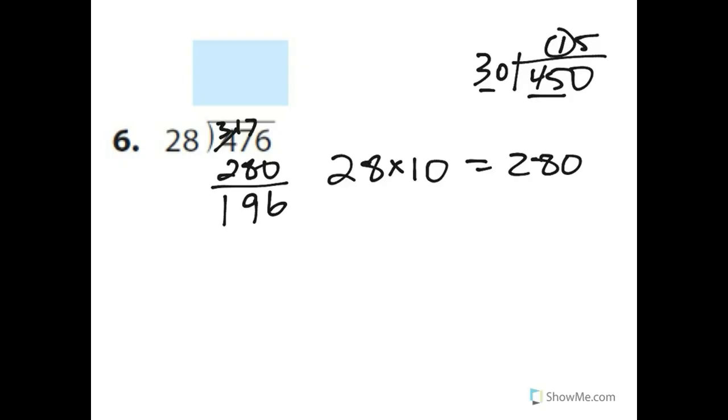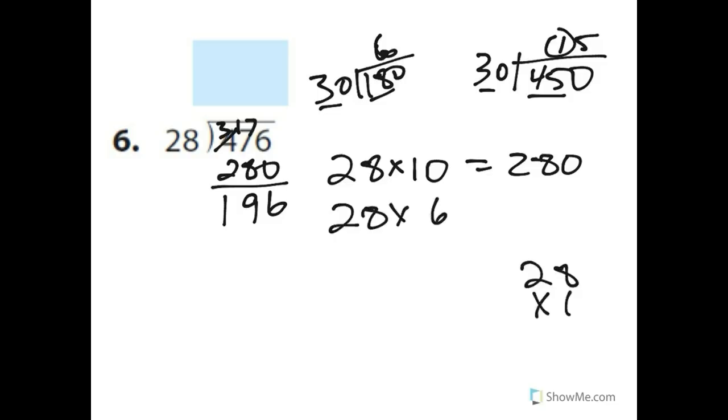Well, if I did 30 to 180, I would have 6, not 60, I would have 6. Let's do that. Let's do 28 times 6.